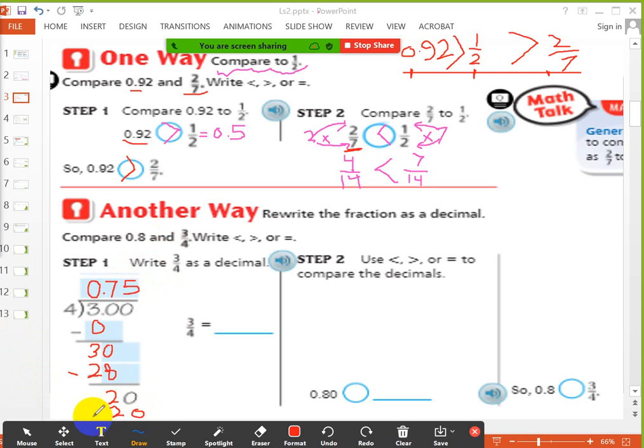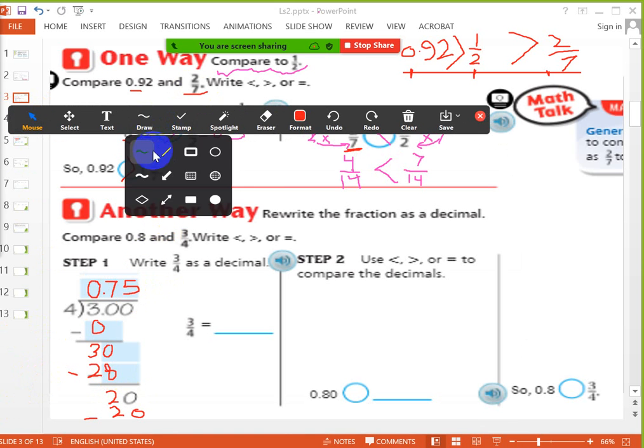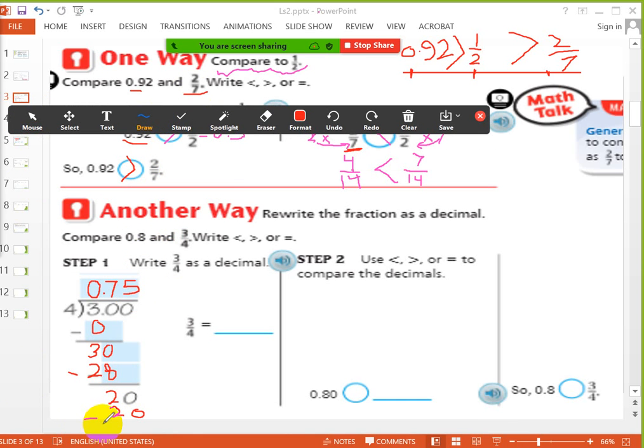Now I will subtract. 20 minus 20 equals 0. So if I want to write 3 over 4 as a decimal number, it will be 0.75.